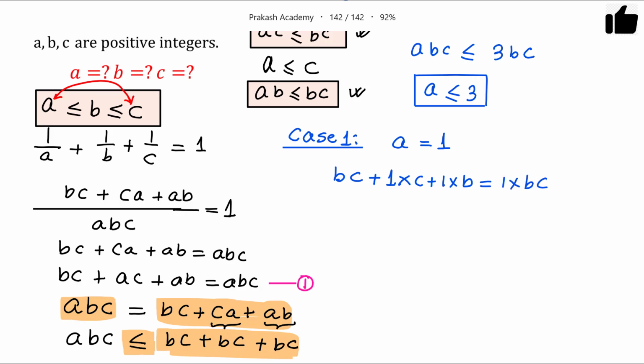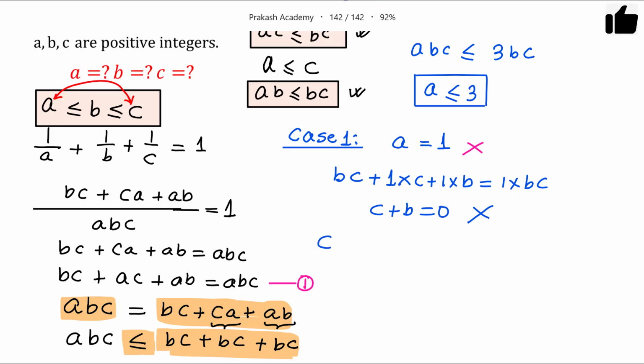So bc cancels out, and c + b = 0. This is not possible, because these are positive integers and the sum of positive integers cannot be 0. So a = 1 is not a solution.